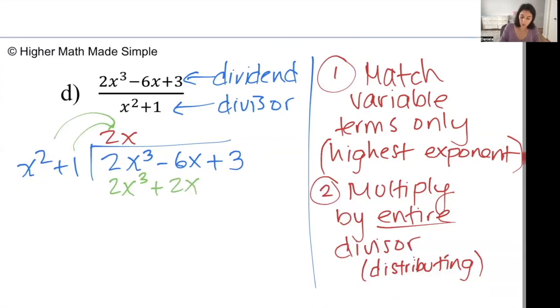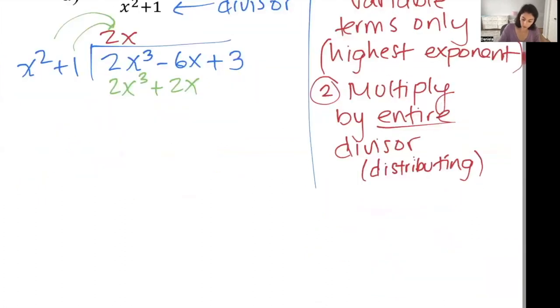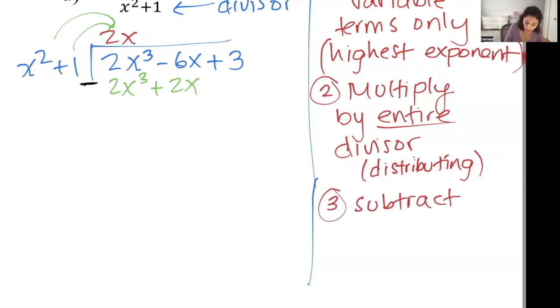So after you've multiplied by the divisor, or distributed, now it's time to subtract. Now, I do just want to say, be super careful. You are subtracting the entire binomial, okay? So I like to, you don't have to, but I like to put parentheses around it just to remind myself that I'm subtracting both of them, because people will do a good job and subtract the first terms.